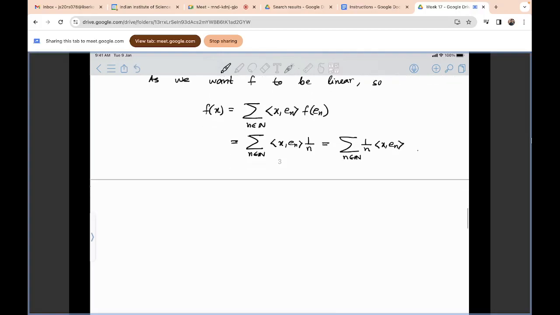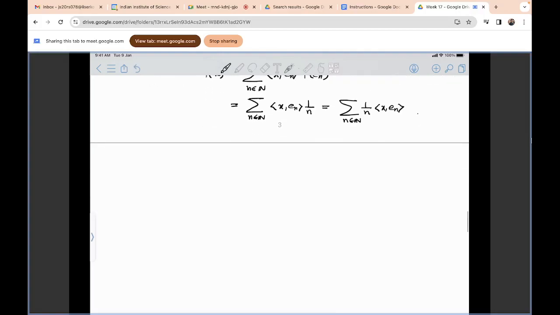Okay, so we'll show that indeed this is a bounded linear function. So let's define f from H to C such that f of x is the summation over n belongs to N of 1 by n times the inner product of x and e_n.